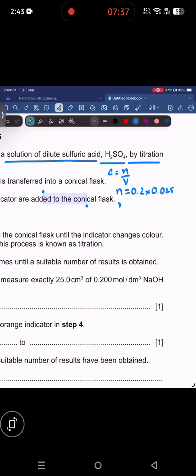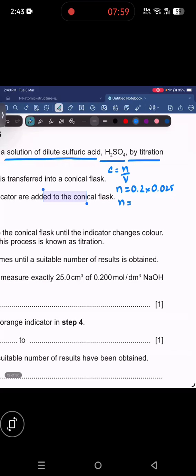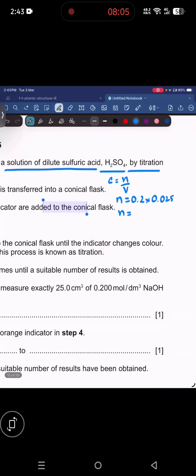So what answer will you get here for the moles? Yes, please let me know. 0.2 multiplied by 0.025 is 0.005.